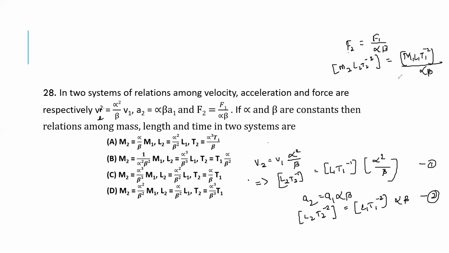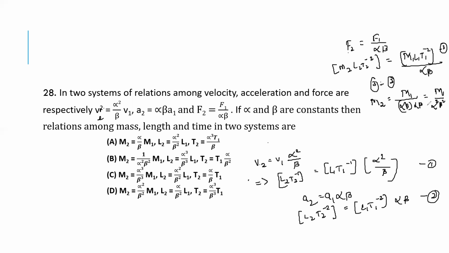You can take it as equation 3. So if I divide equation 3 by equation 2, I will get M2 is equal to M1 divided by alpha beta, and here it is alpha beta, that is equal to M1 divided by alpha square beta square.